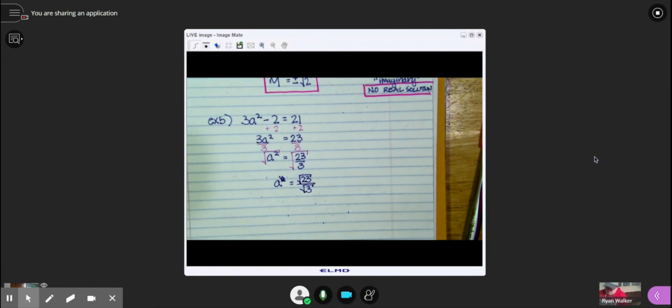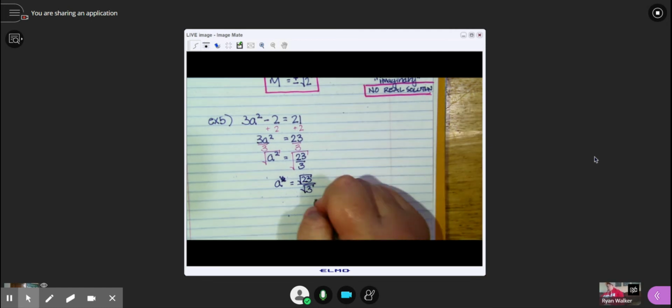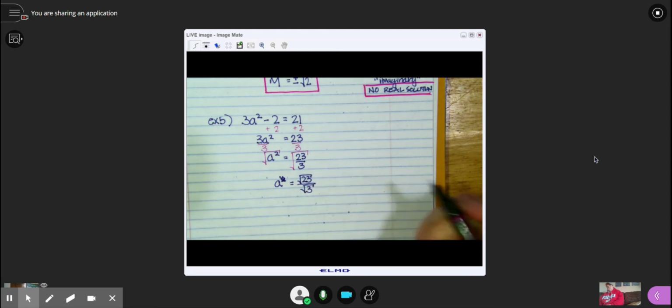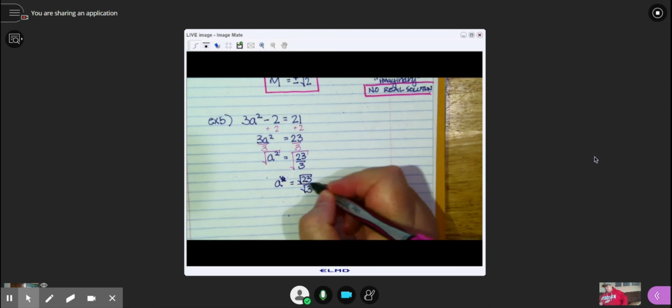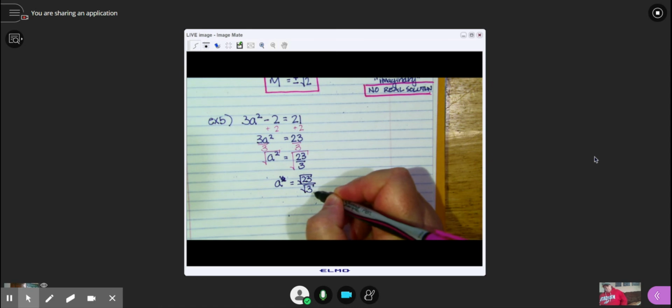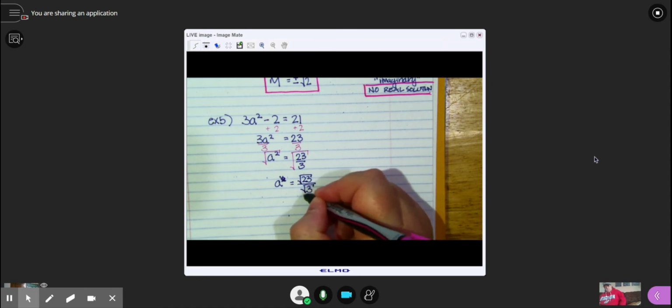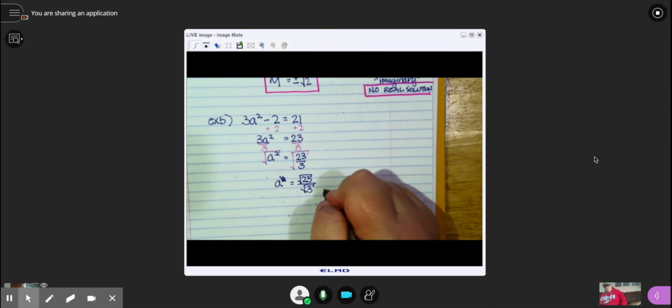Now, here's the thing. You cannot divide by a square root. See how I've got that square root of 3 in the denominator? I cannot leave that there. So we use a little math sort of magic, and we multiply both the top and the bottom by the square root of 3.